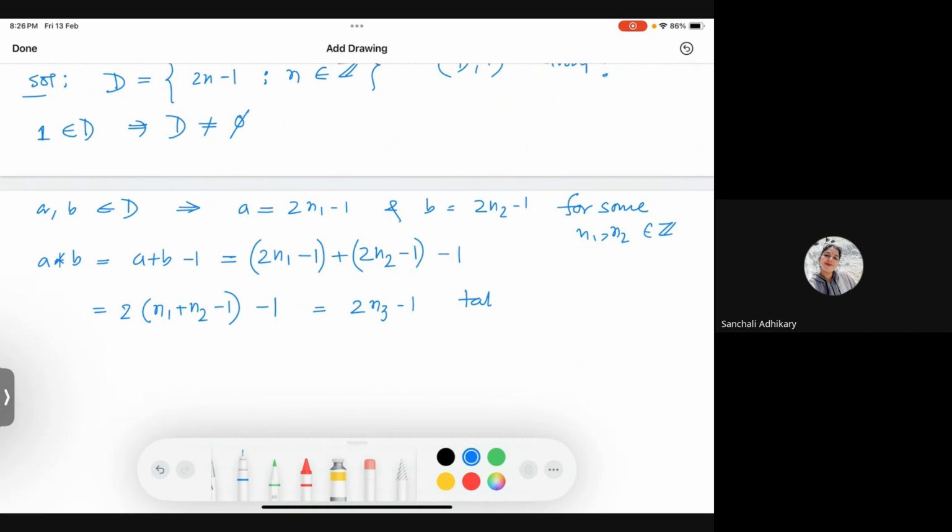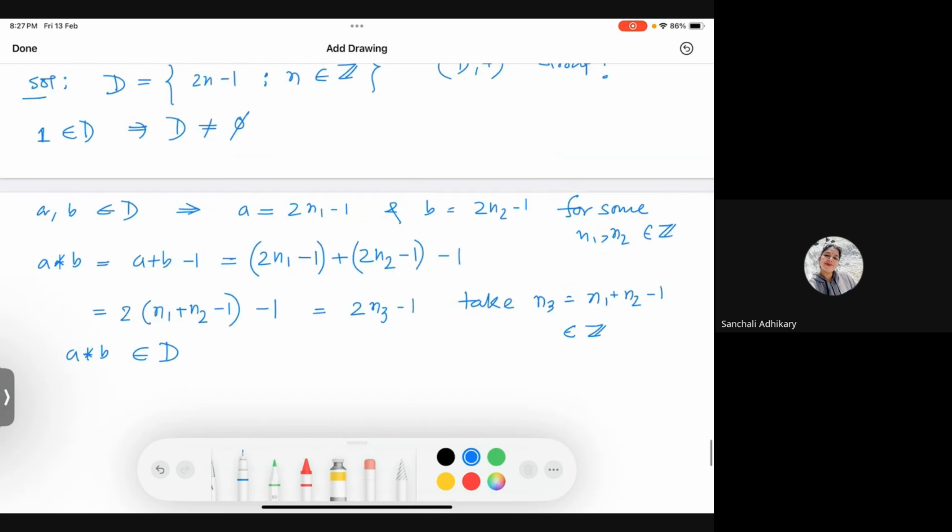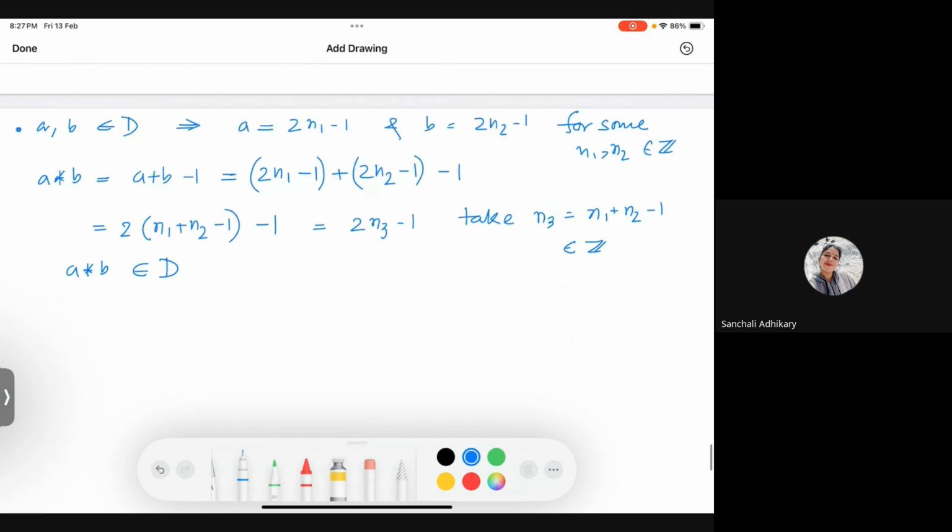So take n3 is equal to n1 plus n2 minus 1. This also belongs to Z, right? So it will imply A star B belongs to D. So D star is closed. Okay. This is the first thing, non-empty. This is the second thing, closed.